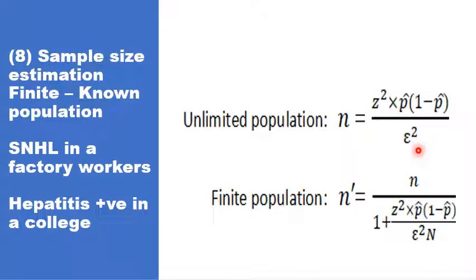And from this, we put this in here, and then divide by a certain other formula. And because we are dividing the number for the unlimited population by another quantity, this number will be reduced. So rather than have the whole estimated number for the unlimited population, you would have a smaller number. We'll see that in the next.